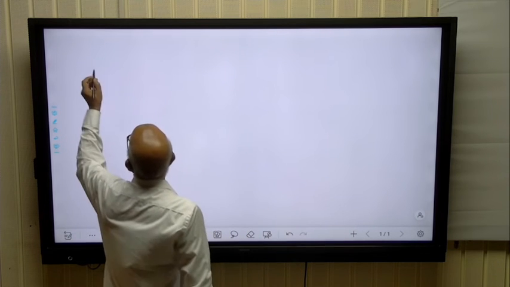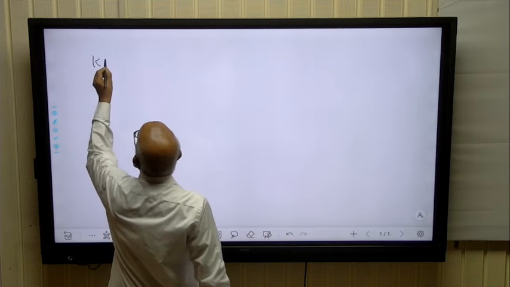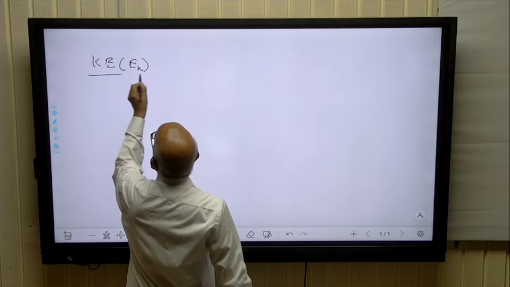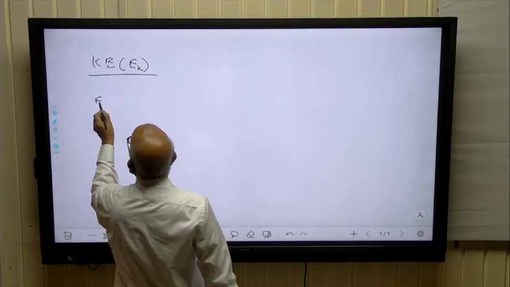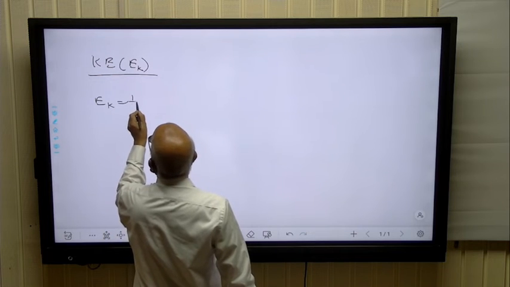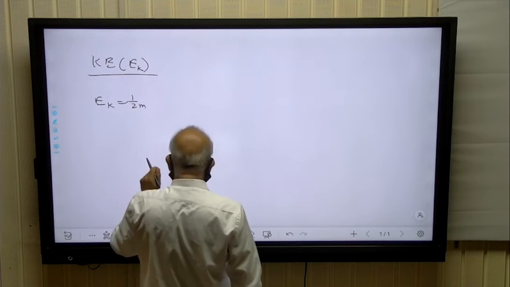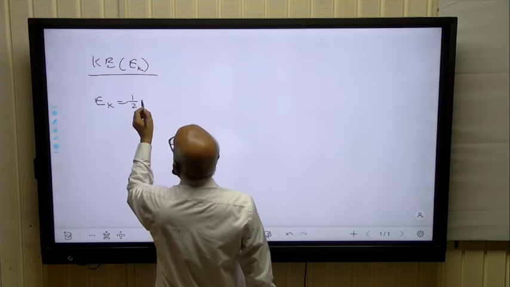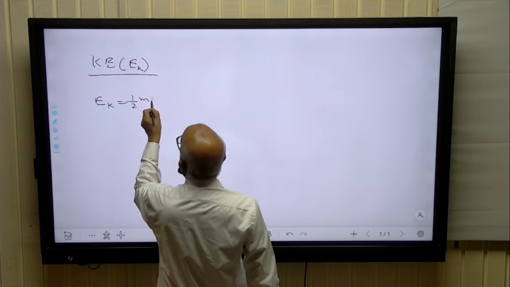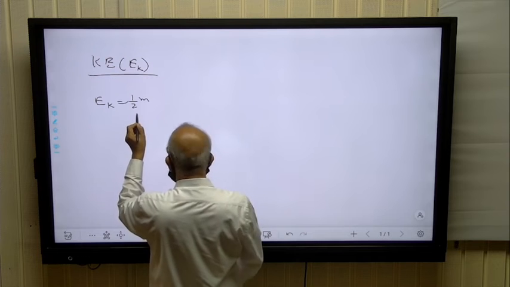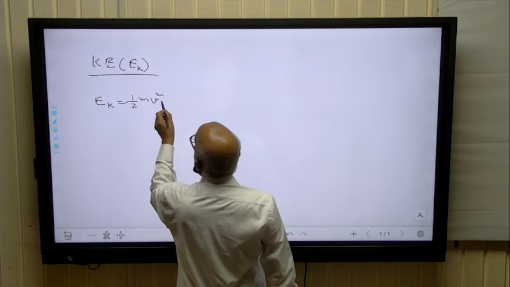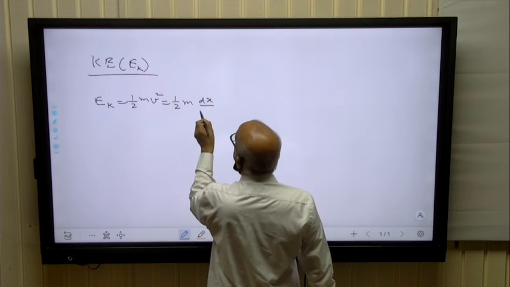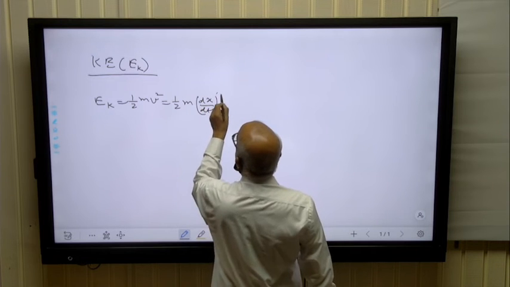So, see, kinetic energy E k. From the definition of kinetic energy, E k is equal to half m v square, and this can be written as half m (dx by dt) whole square.